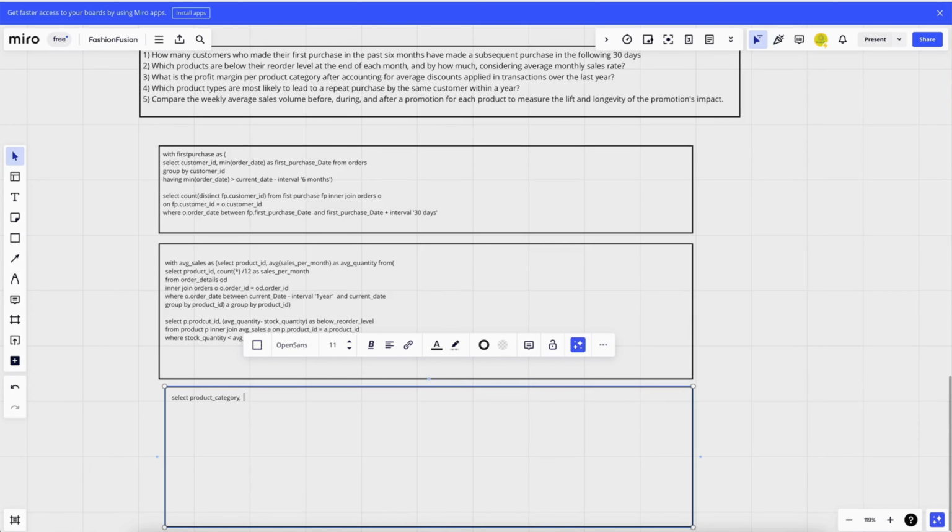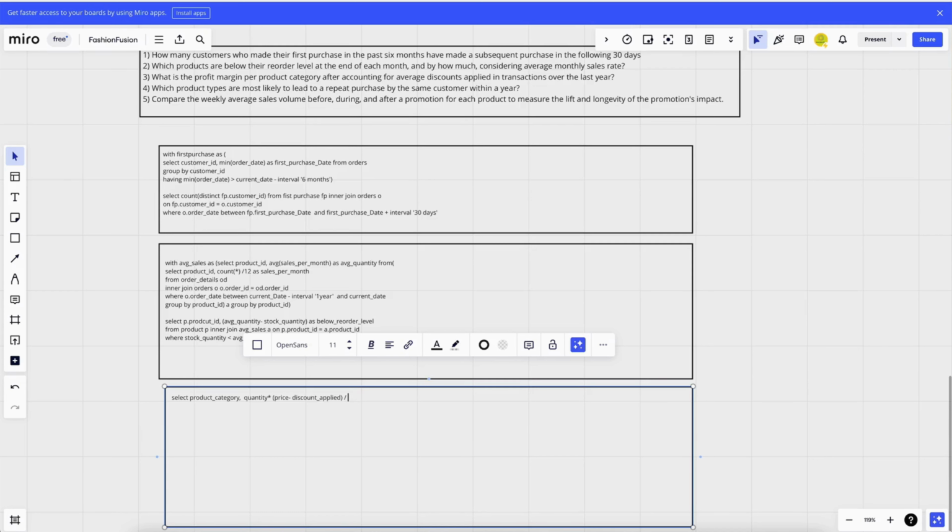And from order details we'll get the quantity. So I'll just say quantity times price minus we have this discount applied. So this gives us the quantity times price minus discount applied, and we need to find the product margin.